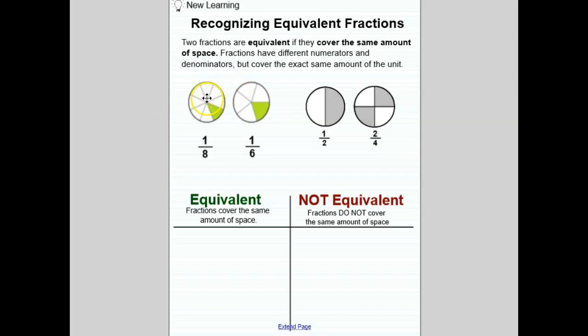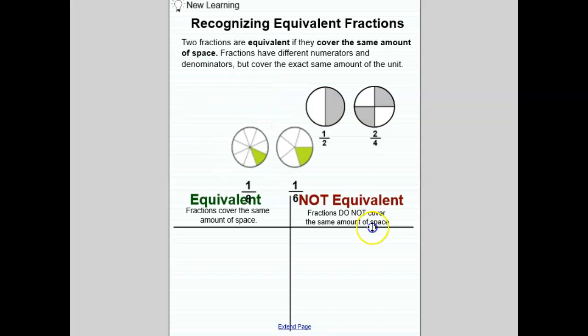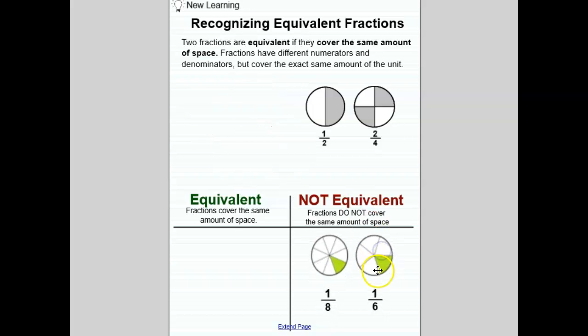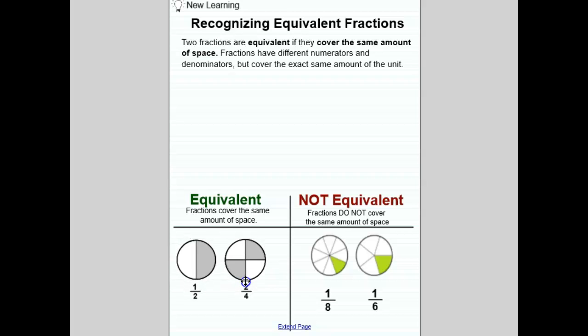Wonderful. You're correct. 1/8 and 1/6 are not equivalent. 1/6 covers more space on the unit than 1/8. But 1/2 and 2/4 are equivalent. Even though the orientation is slightly different, they both cover half the unit.